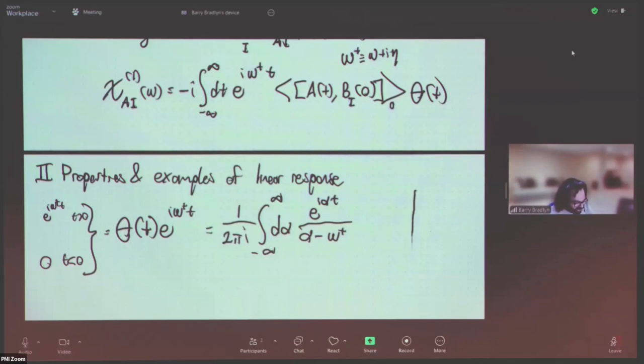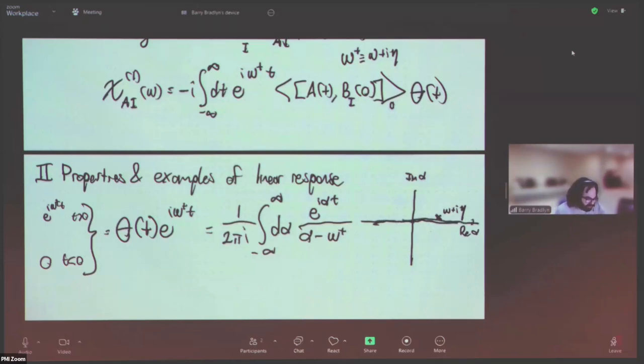If I write this in the alpha plane, here's real alpha, here's imaginary part of alpha. There is a pole here when alpha is equal to omega plus I epsilon. So that's sitting somewhere up here in the upper half plane of alpha, or omega plus I eta. And I want to do this integral.